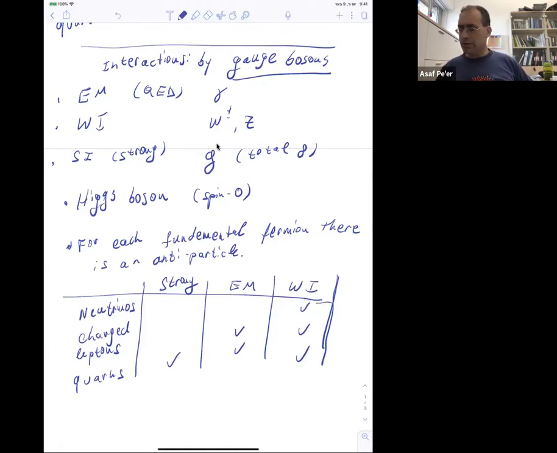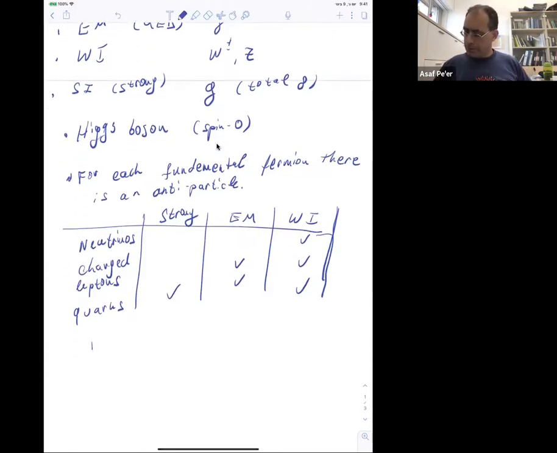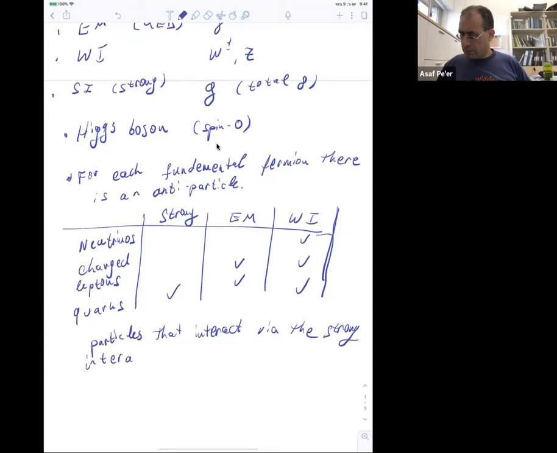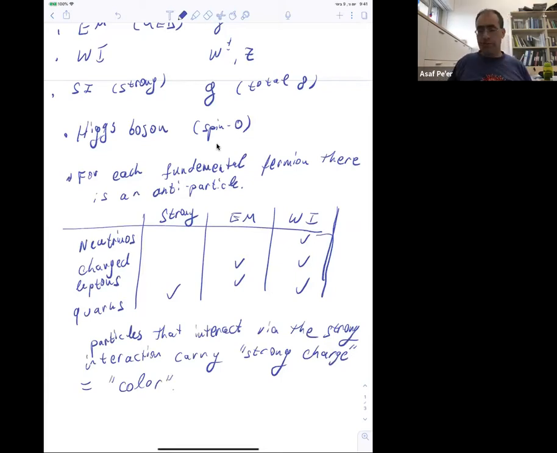And the strong charge is known as the color charge.